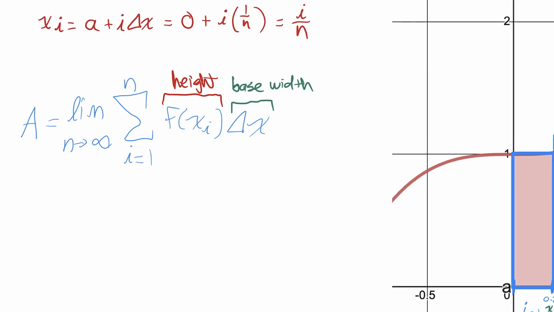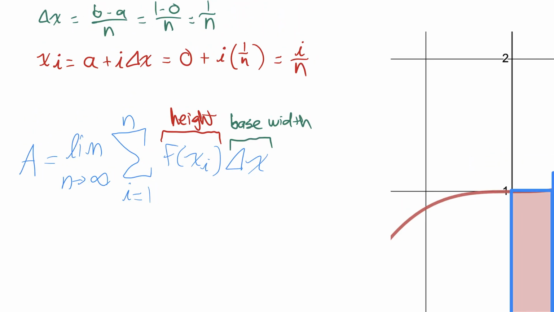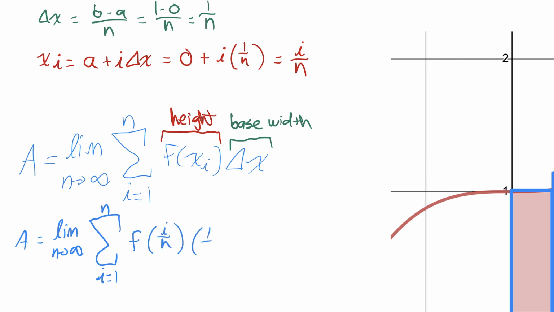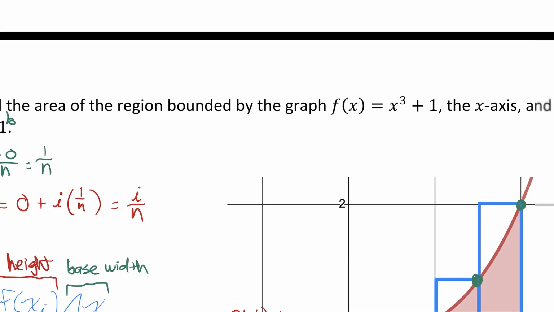So now let's work with our limit formula and sub in what we've just calculated. The area equals the limit as n goes to infinity of the sum from i equals 1 to n of f at x sub i, but x sub i is just i over n we calculated, times delta x, which is 1 over n. And now I can replace f at i over n because I know what my f at x function actually is. Remember? Let me jot it down up here. f at x is, look back to the question, x cubed plus 1.